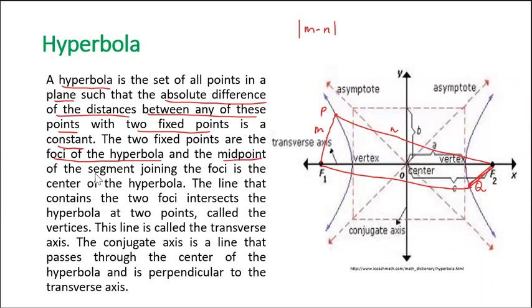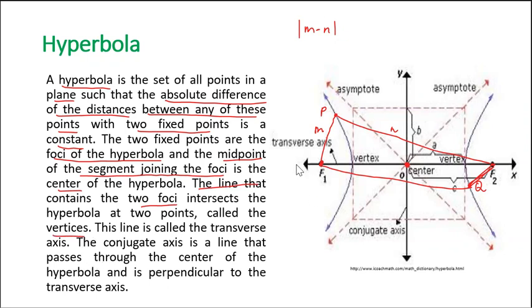Now, the midpoint of the segment joining the foci is the center of the hyperbola. So if we connect these two fixed points, which are the foci, by a line segment, the midpoint of this line segment will be the center of the hyperbola. The line that contains the two foci intersects the hyperbola at 2 points, which we call the vertices.